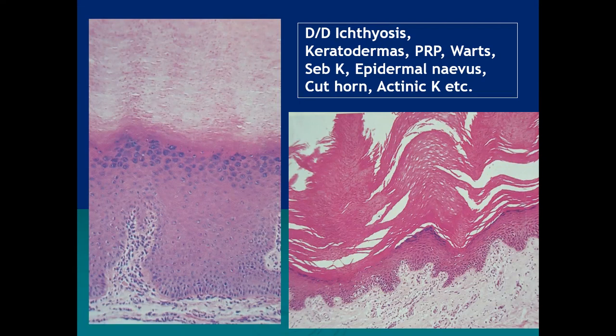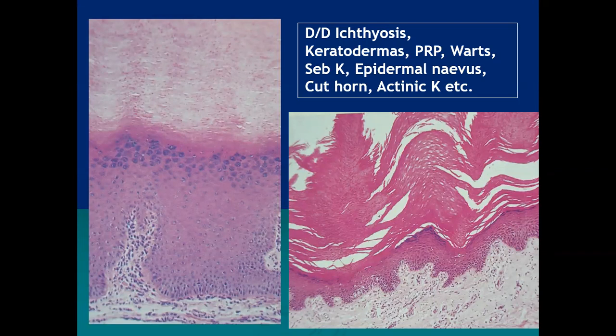densely placed. This hyperkeratosis is a feature of all the disorders of keratinization, like ichthyosis, keratodermas, pityriasis rubra pilaris, viral wart, seborrheic keratosis, epidermal nevus, cutaneous horn, and actinic keratosis if it is a hyperkeratotic type.